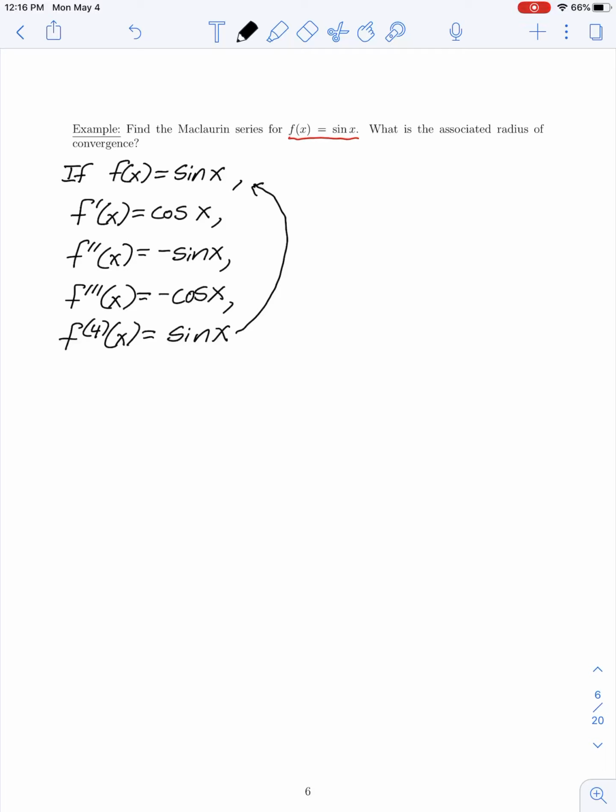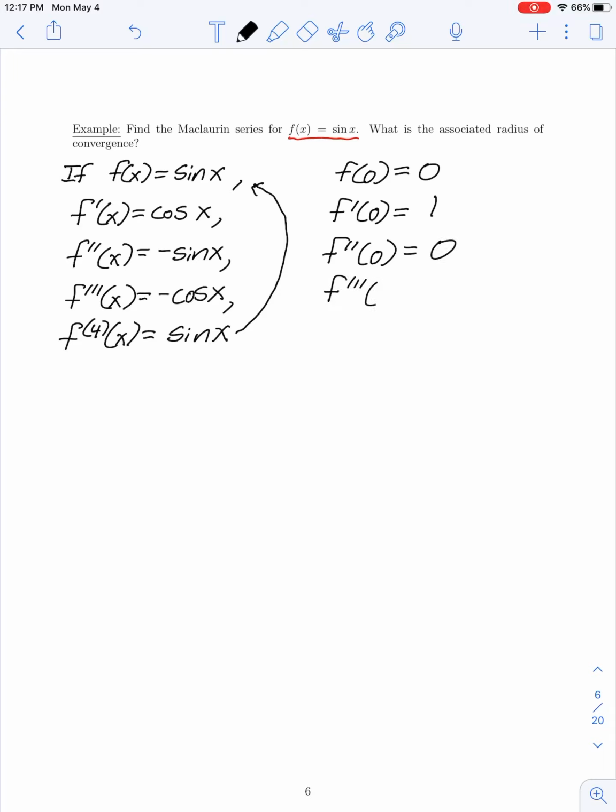So if we are interested in a Maclaurin series, we need to know what is the nth derivative at 0. So let's try evaluating each of these derivatives that we found at x equals 0. Starting with our original function, f of 0, or sine of 0, would be 0. F prime of 0 is cosine of 0, or 1. F double prime of 0 would be negative sine of 0, or 0.